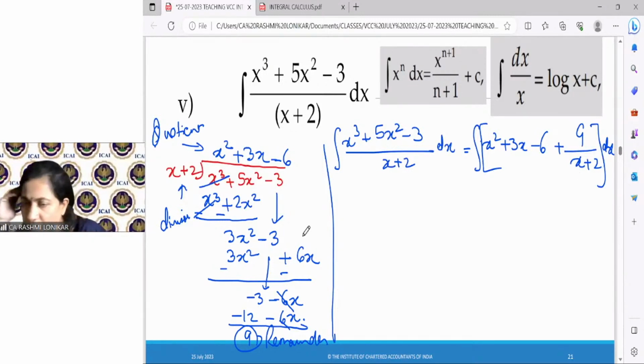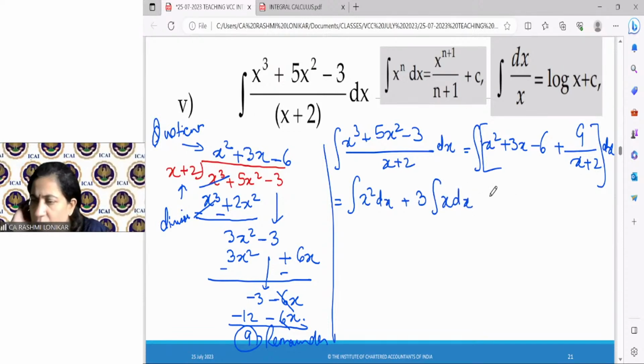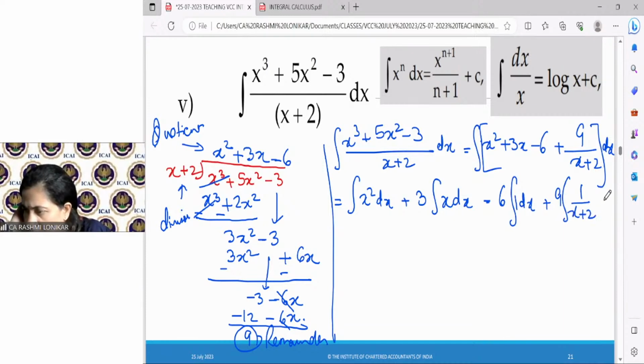Now this is equal to integral of x square dx plus 3 integral of x dx minus 6 integral of 1 dx plus 9 integral of 1 upon x plus 2 dx. What is the integral of x square? It is x cube upon 3.